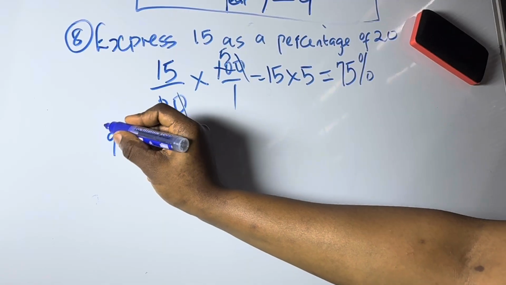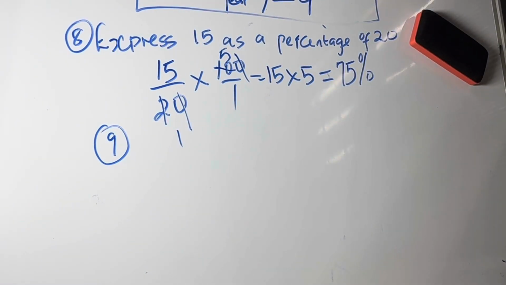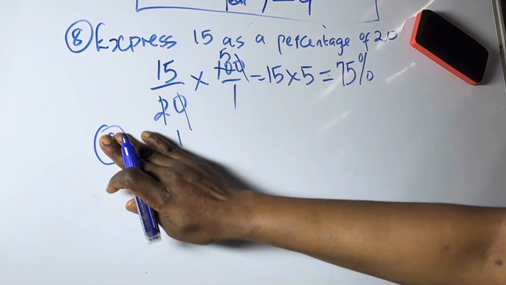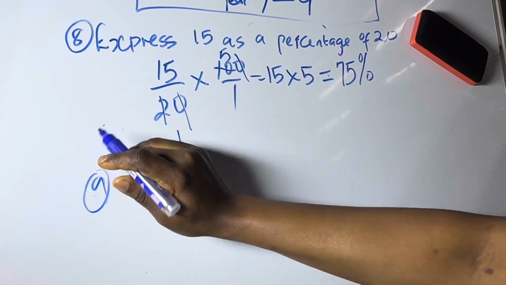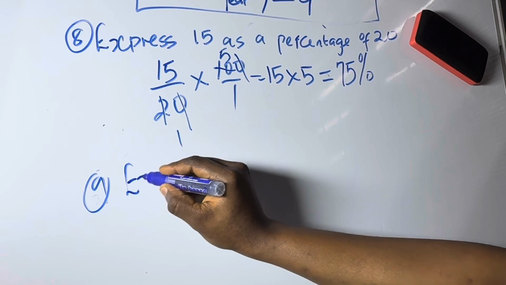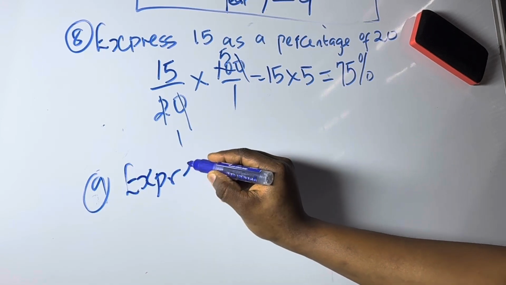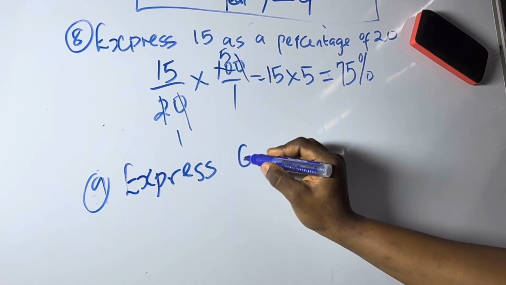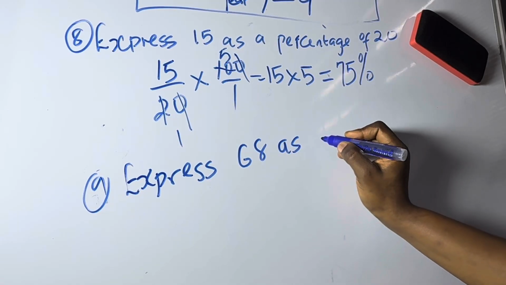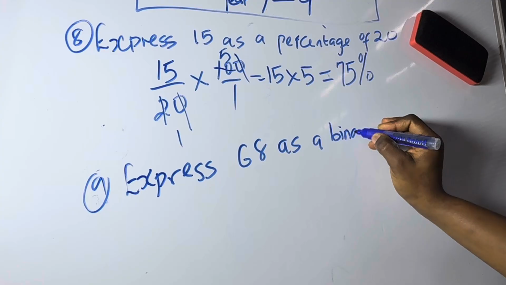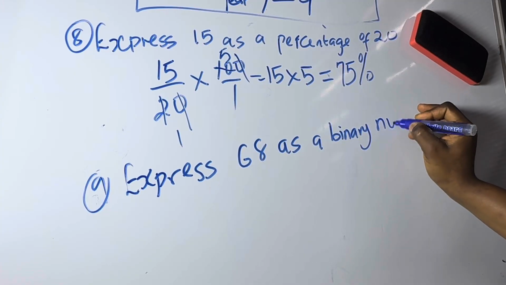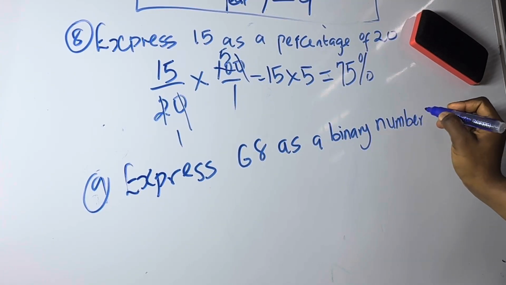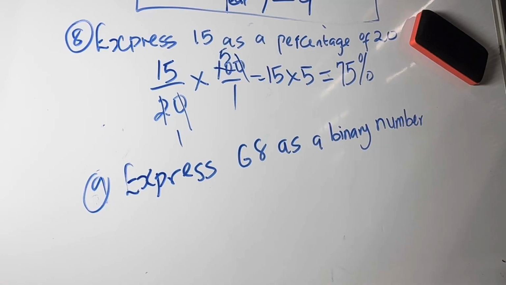Question 9 says, express 68 as a binary number. Now, I'm picking a question from binary numbers.